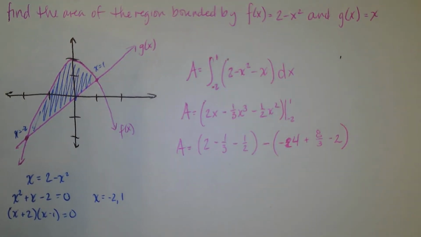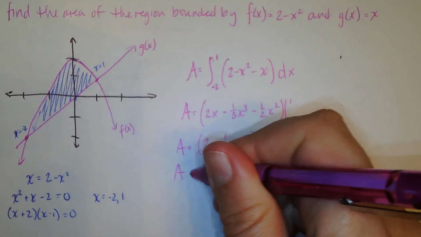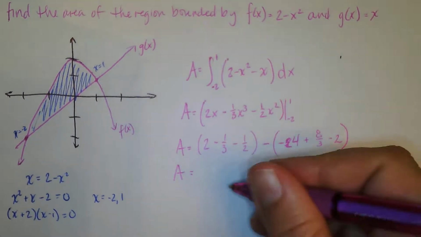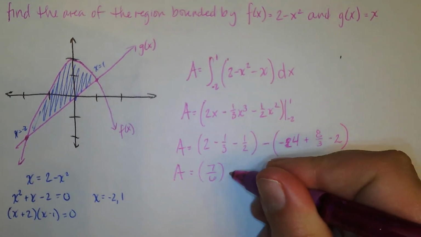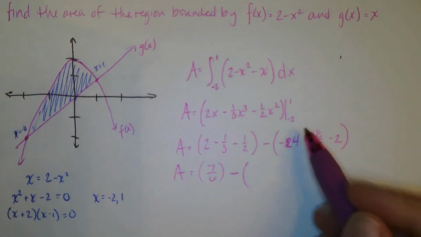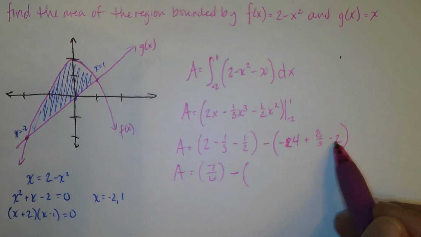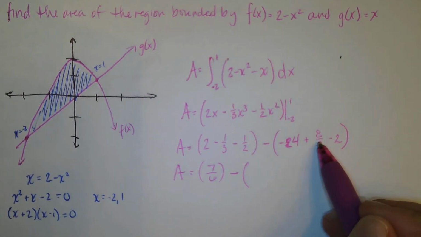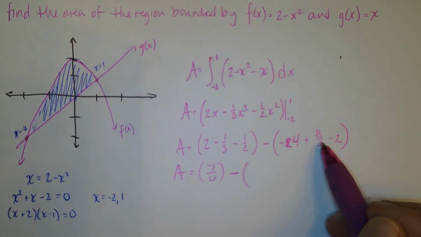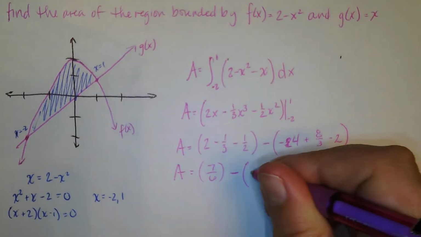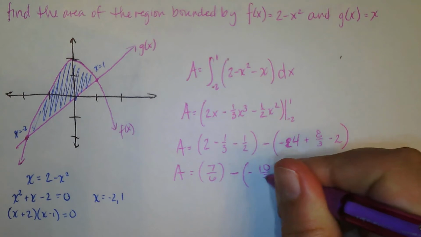All right, we do that math. The first one is 2 minus 1/3 minus 1/2, which is 7/6, minus negative 4, negative 2 is negative 6, and negative 6 is going to be negative 18 over 3 plus 8 over 3, which is negative 10 over 3.